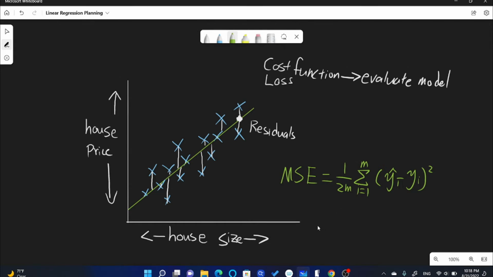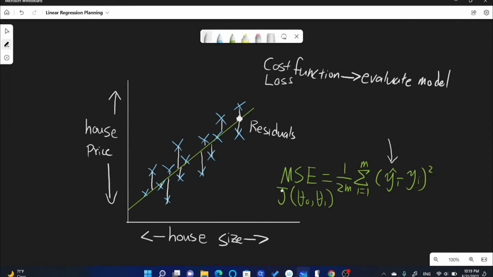And let's see what else. Okay, let's define this as J of theta 0, theta 1. Alright. Let's see. Well, you can also actually write it this way technically.